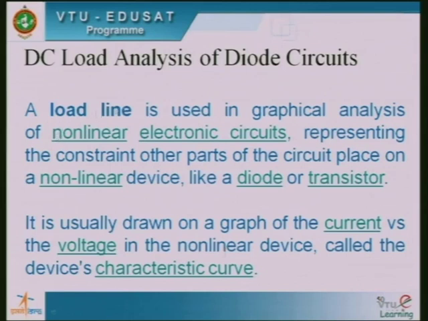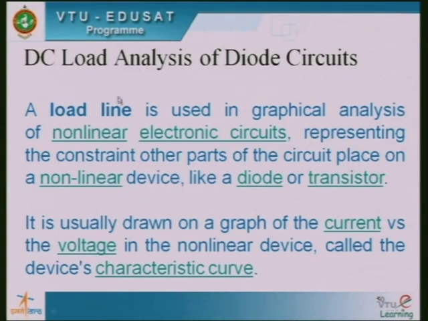A load line is used in graphical analysis of nonlinear electronic circuits. That means electronic circuits containing nonlinear devices. We know that a diode is one of the nonlinear devices having nonlinear VI characteristics. Similarly, a transistor also behaves like a nonlinear device.